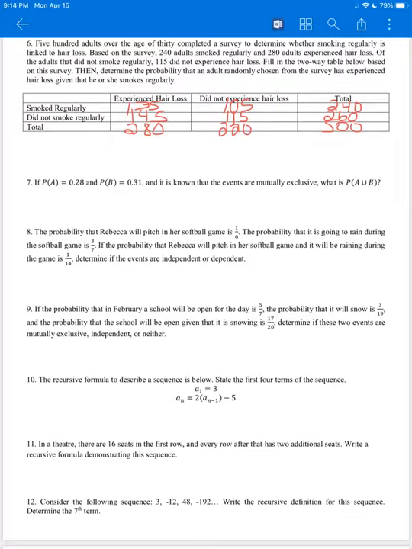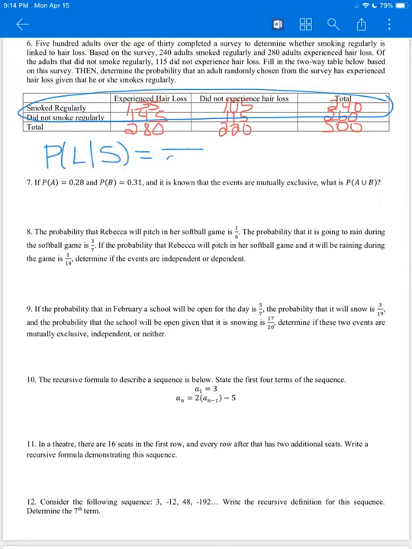And then it says, then determine the probability that an adult randomly chosen from the survey has experienced hair loss given that he or she smokes regularly. So given, that's a conditional. So out of the people that smoke regularly, the probability that they have hair loss given that they smoke, we'll say it like that.